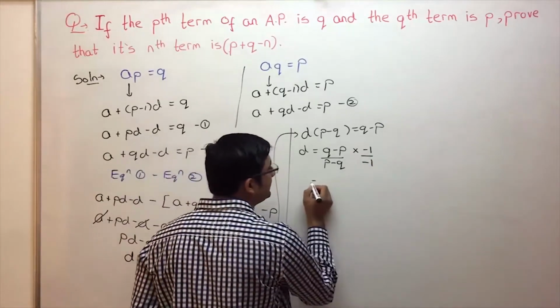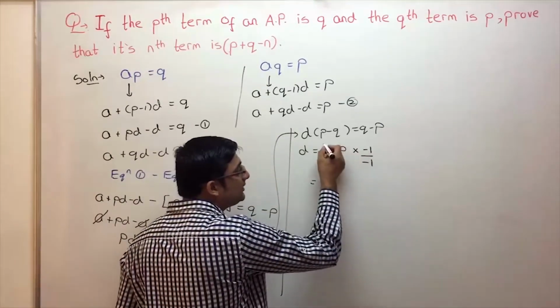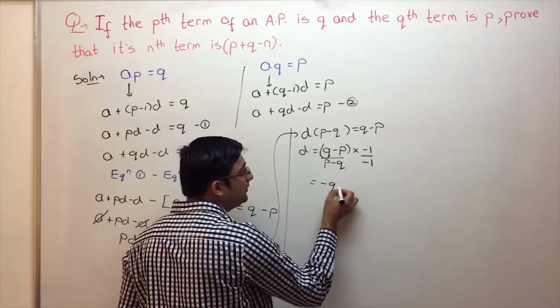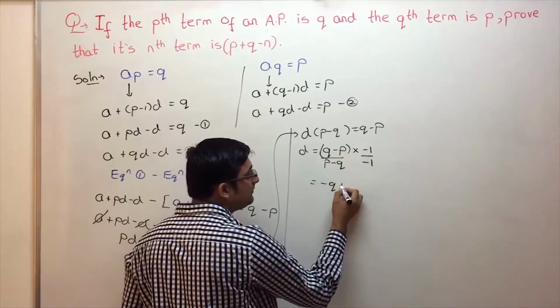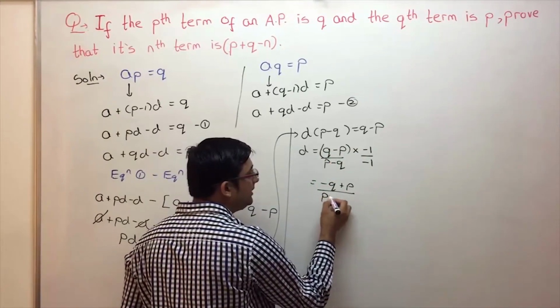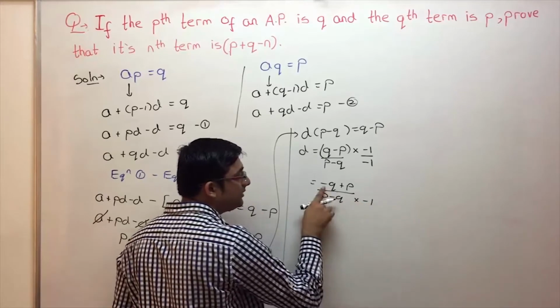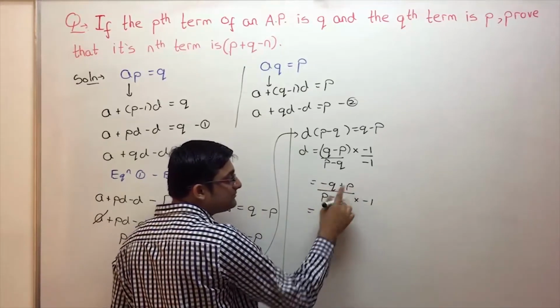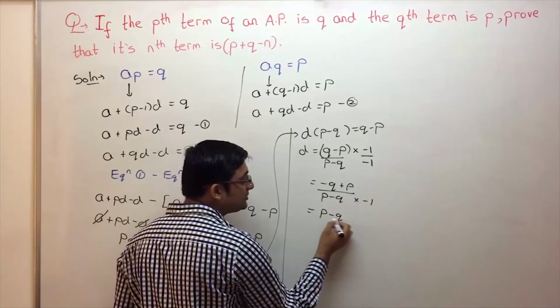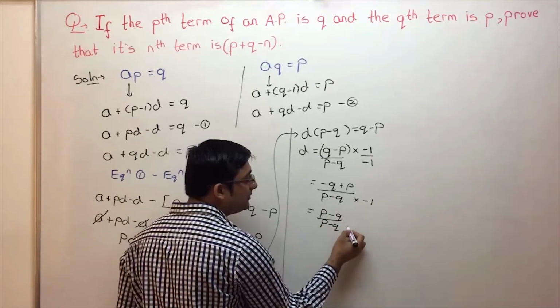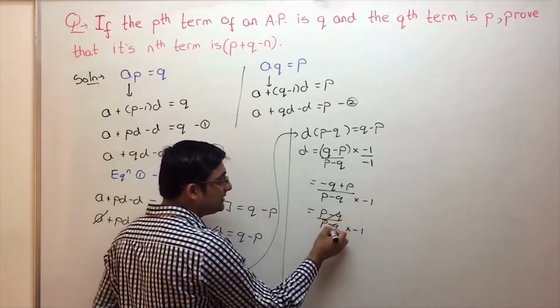Now see what will happen. Q multiplied by minus 1 is minus Q. Minus P into minus 1 is plus P, upon (P minus Q) into minus 1. So I can read that minus Q plus P is the same thing as P minus Q, upon (P minus Q) into minus 1. So this and this cancel.